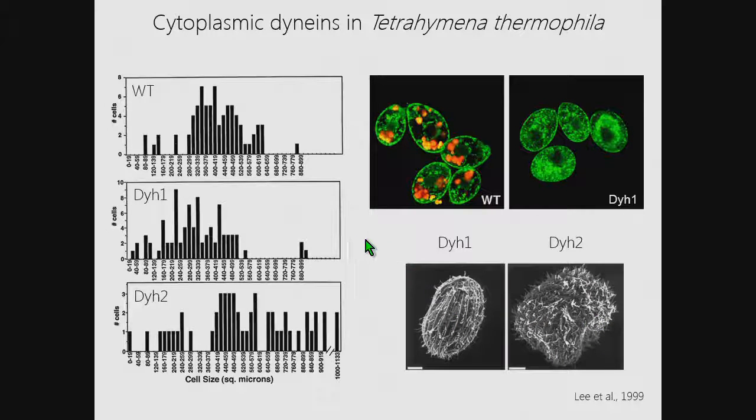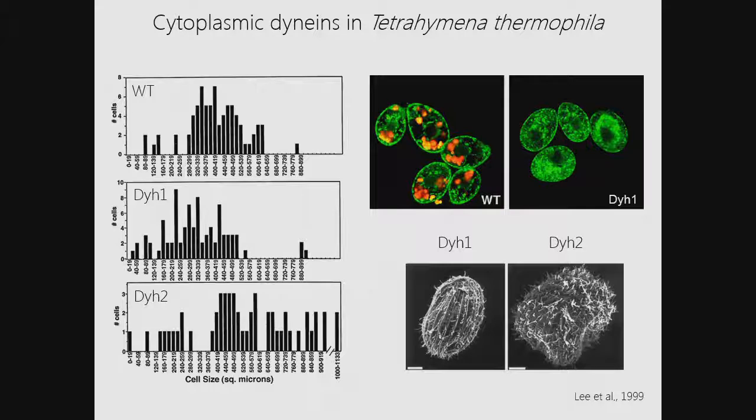And secondly, which makes me really very curious about this, is that both of those proteins affect cell size. In the case of the first dynein heavy chain, you see that the cell sizes become smaller, and this is exactly what I see with RNAi of my intermediate chain.